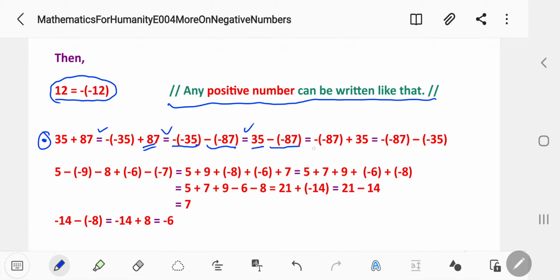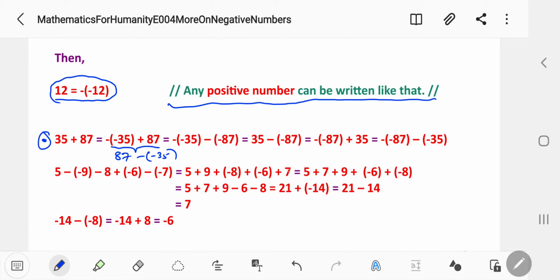Here you have negative 87 of negative 87 plus 35, because you can interchange this one. Okay, take a look at this. You can write this as this. For this one, you can write this as 87 minus negative of 35.